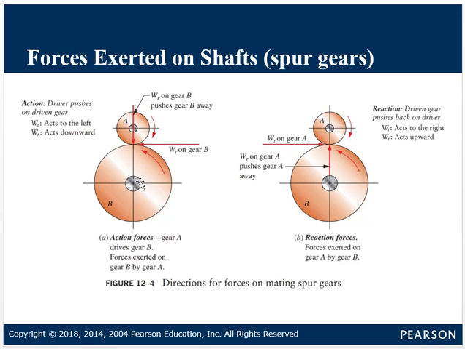These are the action forces. So WT acts to the left and WR acts down. Then if you're talking about the reaction forces on the gear that's doing the reacting, the driven gear, WT is now acting to the right, and WR is again acting up.